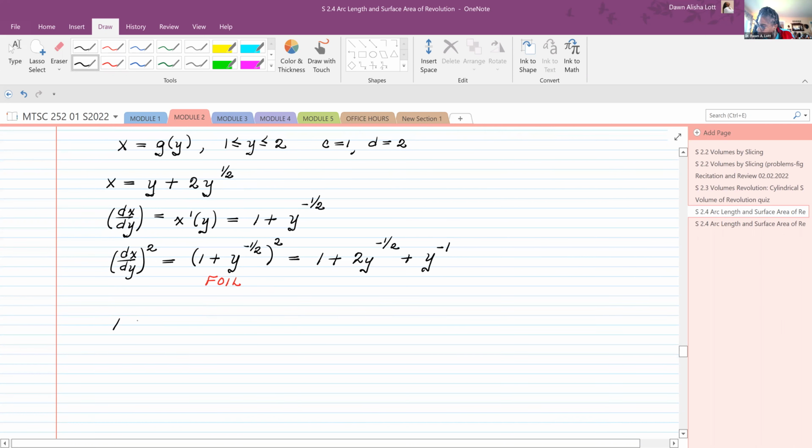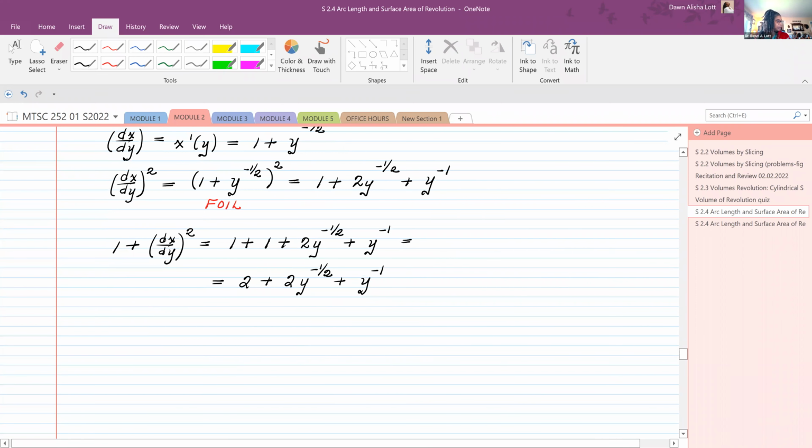So 1 plus (dx/dy) squared is 1 plus 2y to the negative 1/2 power plus y to the minus 1. And that simplifies to be 2 plus 2y to the negative 1/2 power plus y to the negative 1. Now, that doesn't look all that cool like that.